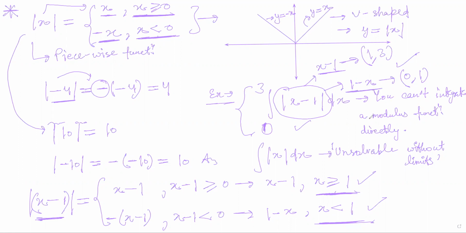Whatever the bisecting point of the two functions is, you have to break the limit at that point. Before 1 the function is different, and after 1 the function is different. So you must break this limit into 0 to 1 and 1 to 3 and integrate the respective functions.